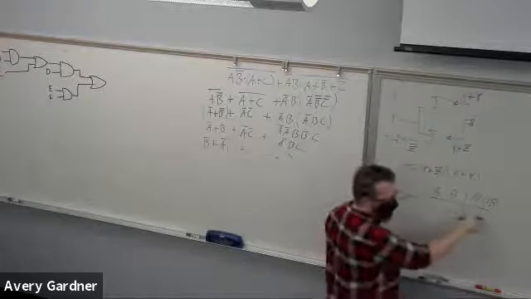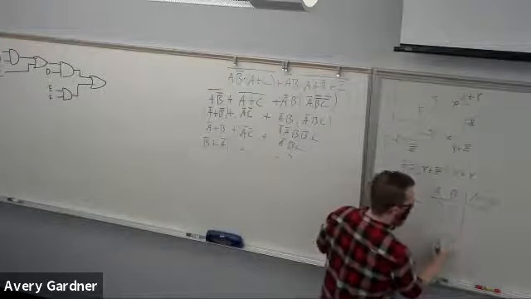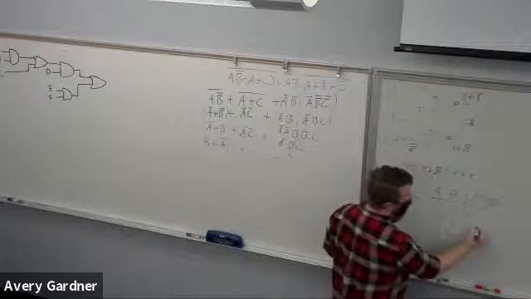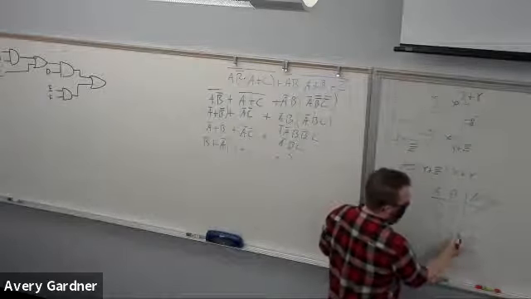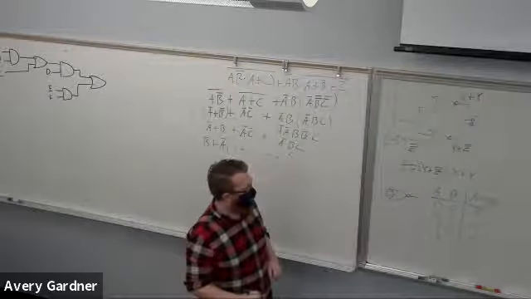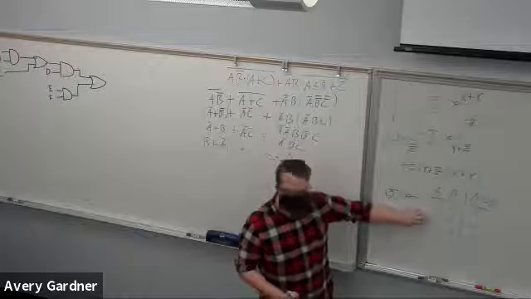Well, NOR, what's the truth table for NOR? We don't care about the two ones in the middle, because this never happened. We don't care about the 0, 1 or 1, 0, right? Those are just don't-care terms. Well, kind of, yes, because once we cross the inputs, that's never going to happen.